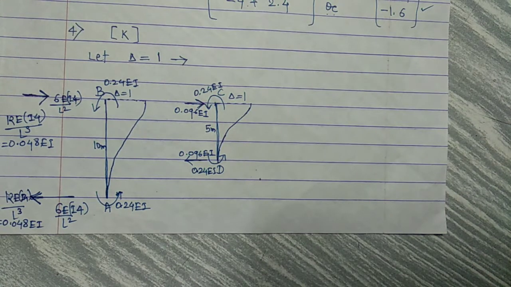When we write the stiffness matrix K, assembling the matrix K, at that time we want three values from each figure when each degree of freedom is equal to 1.